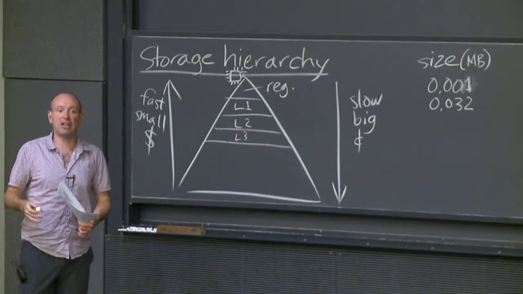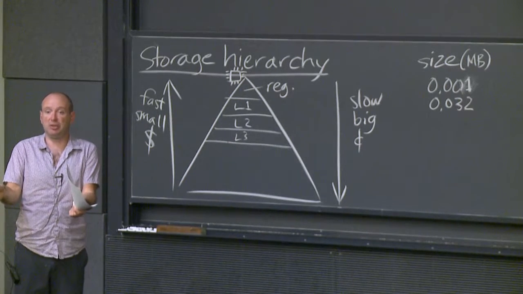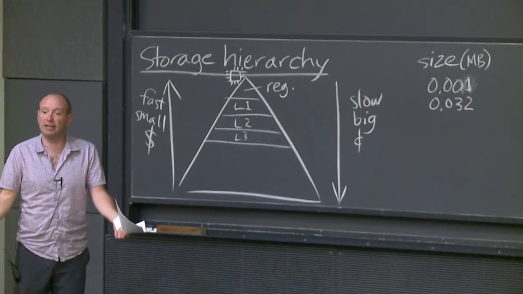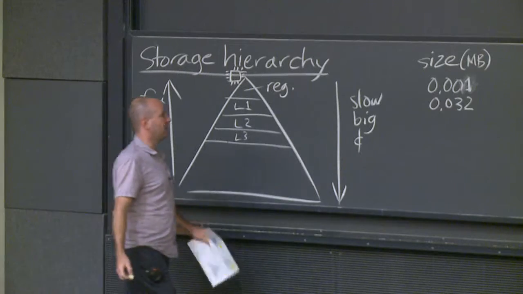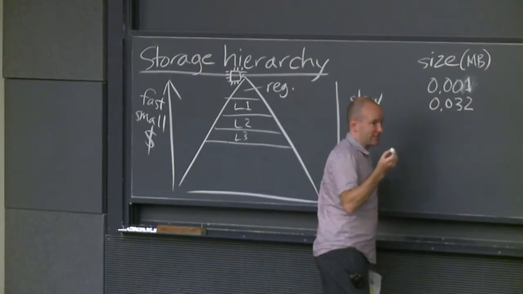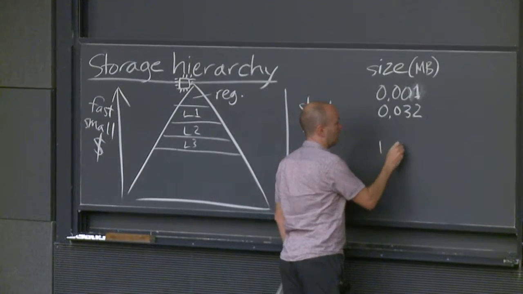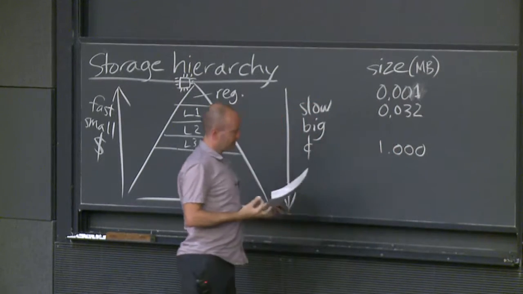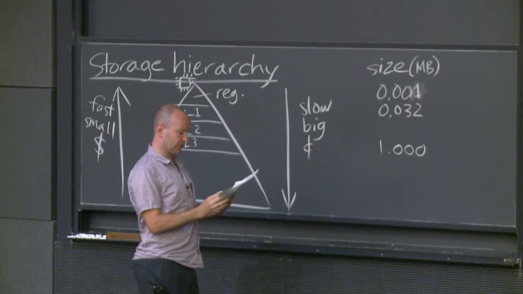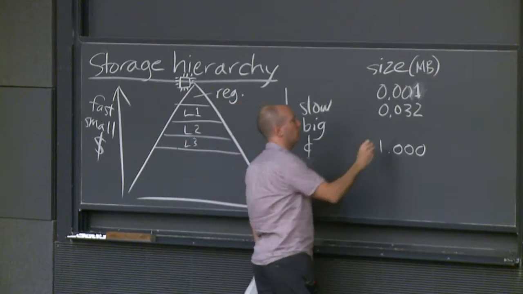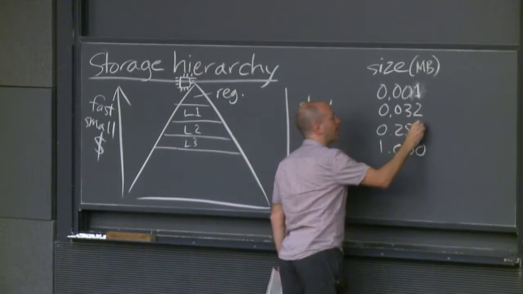A level 2 cache might be shared by 2 processing units, whereas the level 3 cache is shared by all of the processing units. Again, this is just one machine, so these are just sample numbers. The level 3 cache is like 1 megabyte, and I believe the level 2 cache was 256 kilobytes.